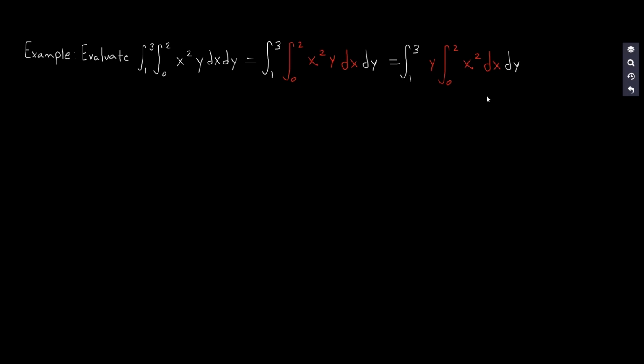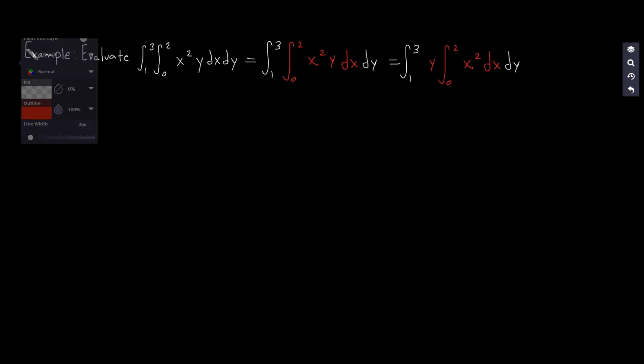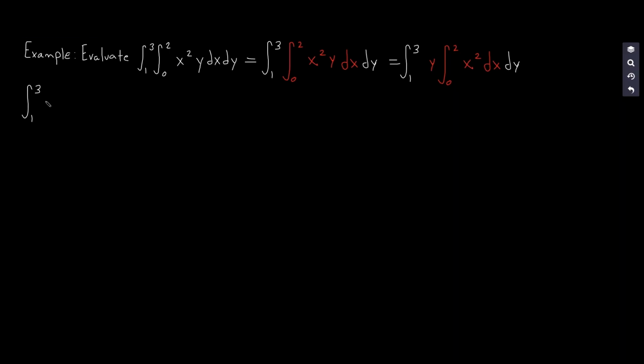Well, we know this is going to be a power rule situation, so we're going to do that. With that, I'm going to have y times x raised to the third power over 3. As for the bounds of integration, I'm going to put x equals 0 and x equals 2.